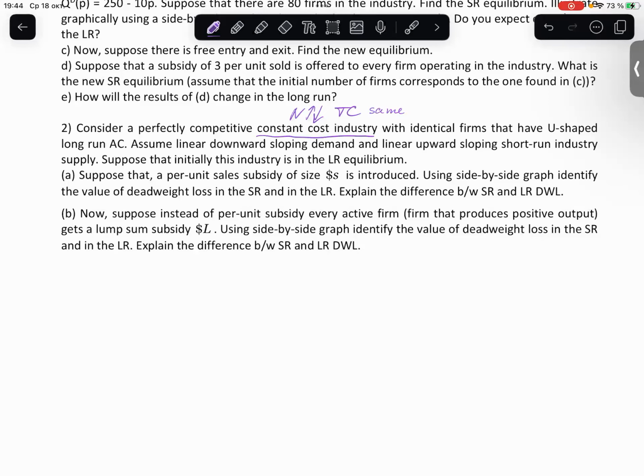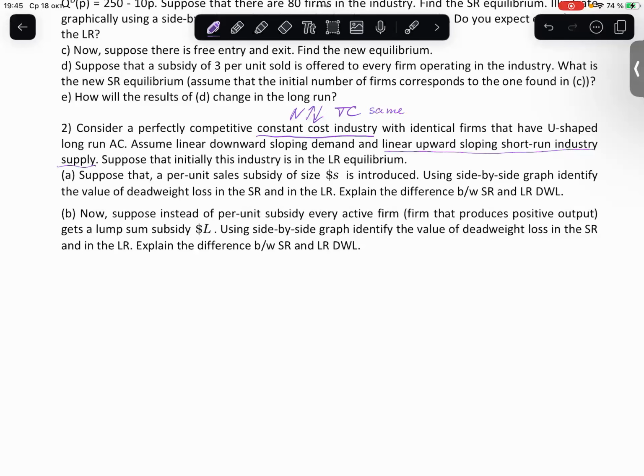That means, since all firms are identical, that marginal costs of each firm are also linear upward sloping, because when we multiply the supply of one firm by n, this is the horizontal sum of all marginal costs of our firms, and we will get the market supply.